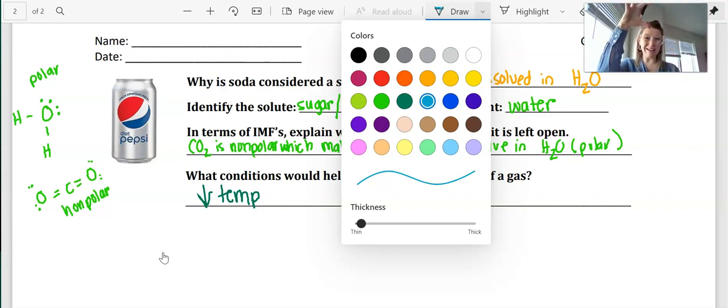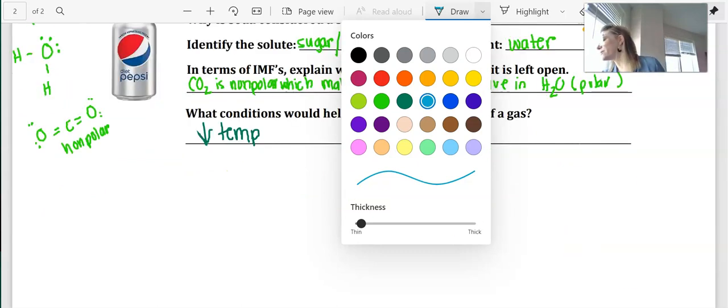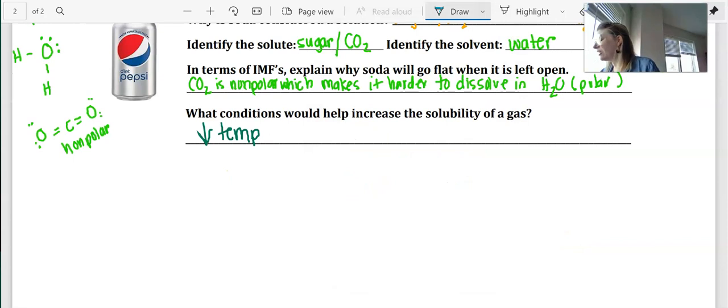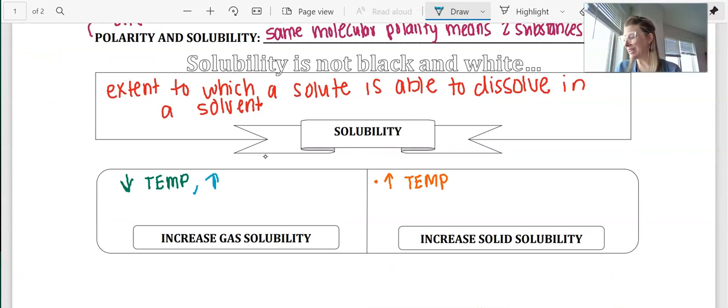Essentially, we're creating all of this carbonation in our soda by forcing the CO2 into the smaller amount of space. So when you get a can of soda, you really want it to have high pressure, okay? And that's going to help us with keeping our CO2 dissolved, high pressure. And again, let's just go back up quickly and add that into our chart.